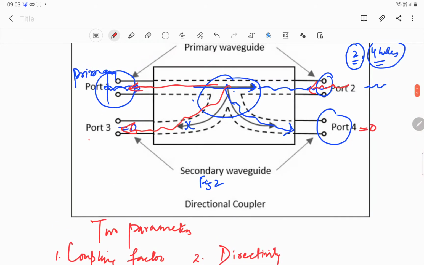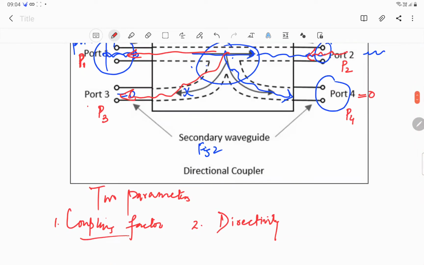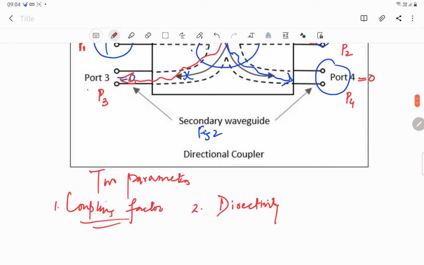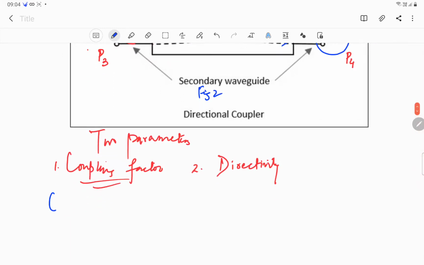If I designate the power fed at port 1 as P1, the input power, P2 the power received at port 2, P4 the power received at port 4, and P3 the power received at port 3, then the coupling factor can be defined as follows.